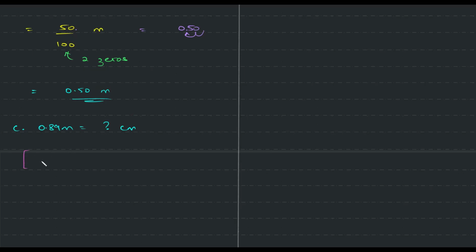So we have 1 meter, which is equal to 100 centimeters, right? So using that fact, I'm going to rewrite this as 0.89 into 1 meter, and 0.89 into 1 meter can be written as 100 centimeters. Because there are two zeros, we need to shift this right two spaces, and so this is 89.0 centimeters.